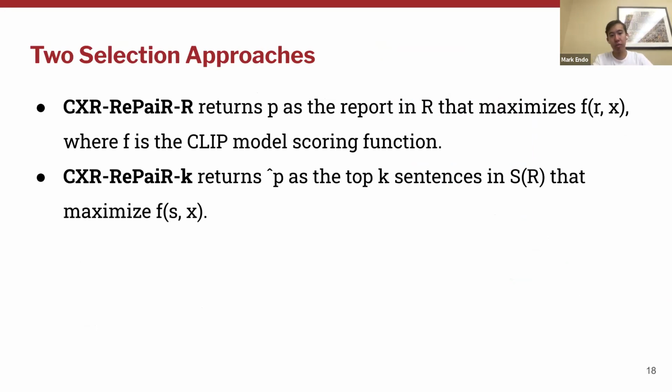There are two approaches here. The first is to select the report in the training corpus that maximizes the similarity. The second approach, which we're going to try today with CXR-RePaiR-K, is to return the top K sentences in the corpus of report sentences that maximize that score.